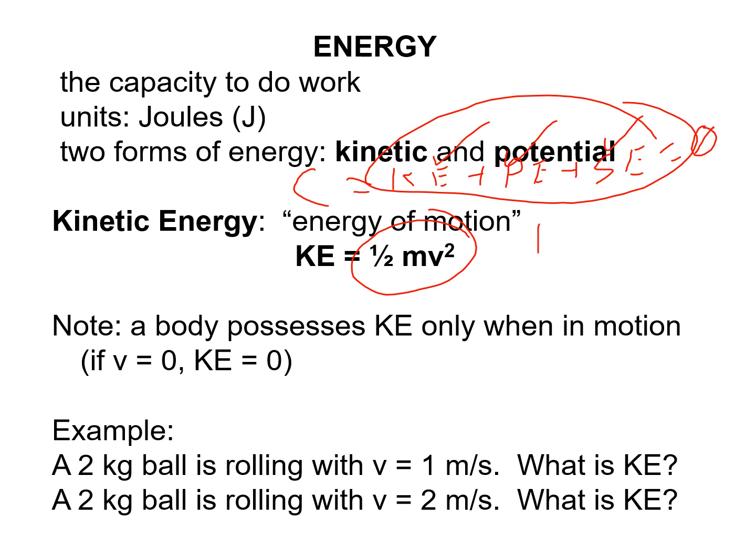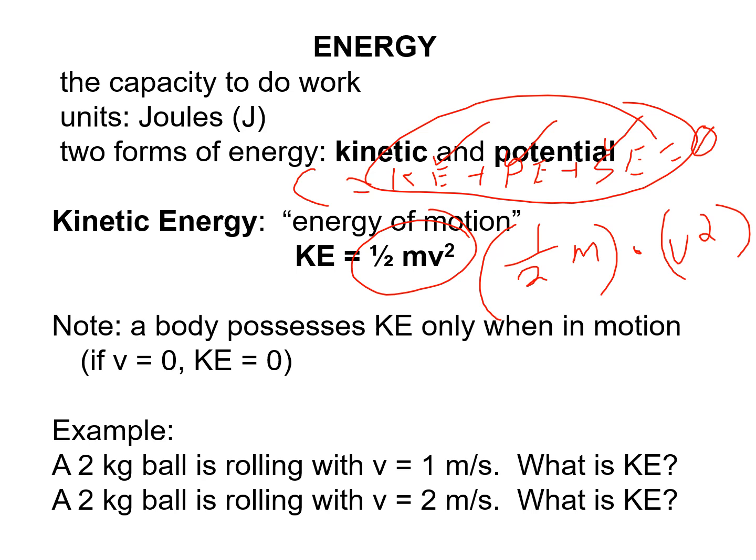First, you use half of the mass, then you multiply that half of the mass by its velocity squared. So if you're calculating this, don't calculate mass times velocity squared and then take half of that. Don't do that. First, you calculate half of the mass, then you multiply it by its velocity squared.